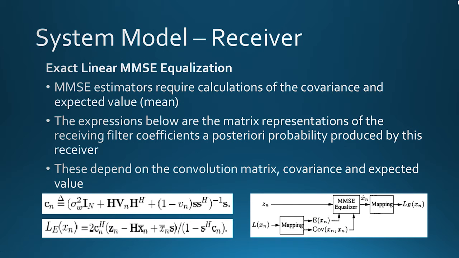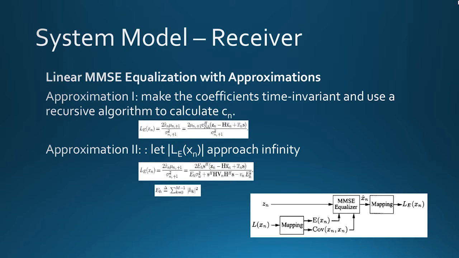For exact linear MMSE equalization, the estimators obviously require the covariance and expected value. The expressions below are the matrix representations of the receiving filter coefficients and the a posteriori probability produced by this receiver. These depend on the convolution matrix, covariance, and expected value. The approximations of this system are as follows.